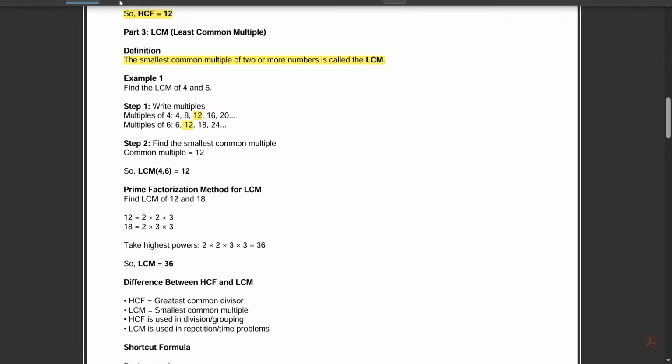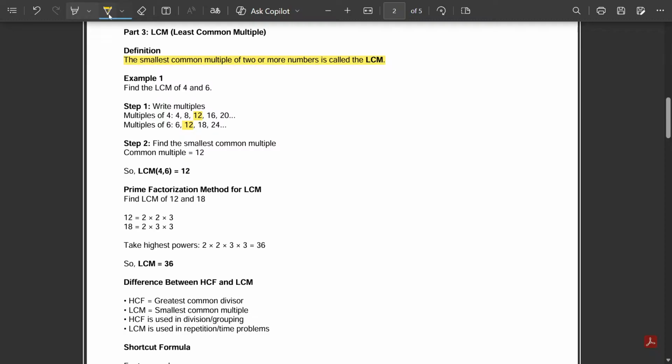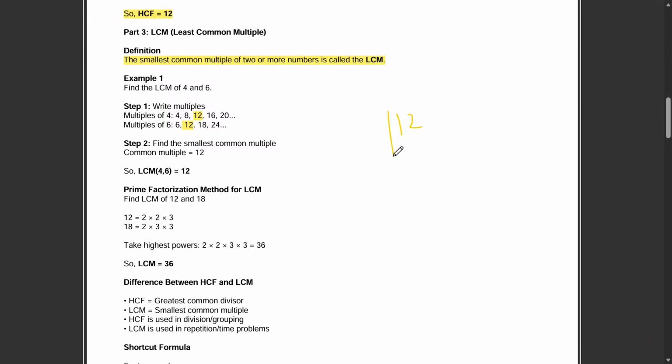Factorization of 12: if we divide 12 by 2, we get 6, and if we divide it by 2, we get 3. So the factors of 12 are 2, 2 and 3.